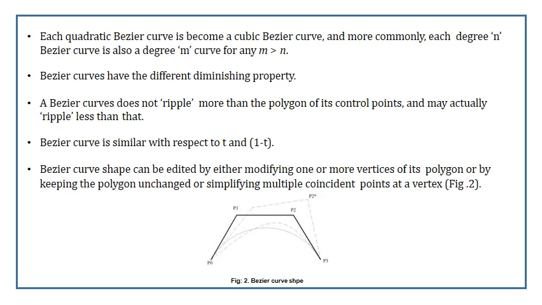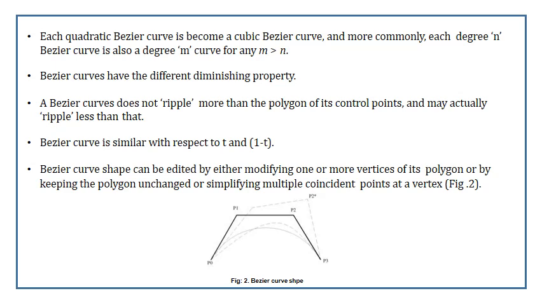Each quadratic Bezier can become a cubic Bezier curve. Here I would like to remind one thing: a quadratic Bezier curve means the degree will be 2 and so the control points will be 3, and in the case of a cubic Bezier curve the control points will be 4 and the degree will be 3. So by increasing the degree of a quadratic Bezier curve we can get a cubic Bezier curve.